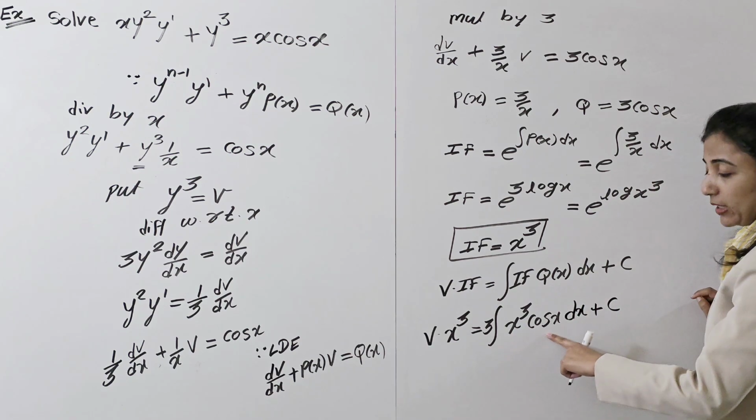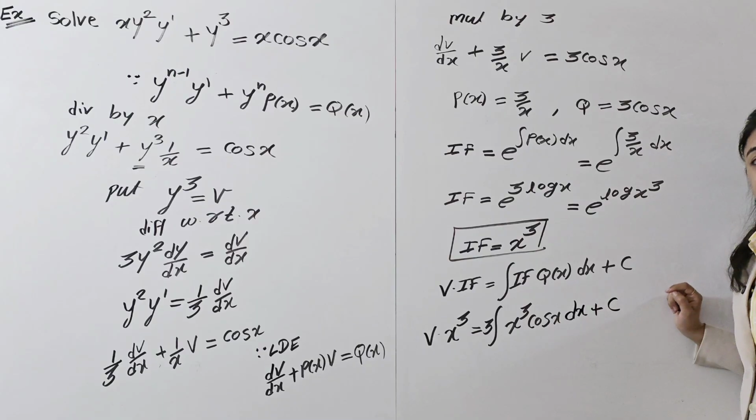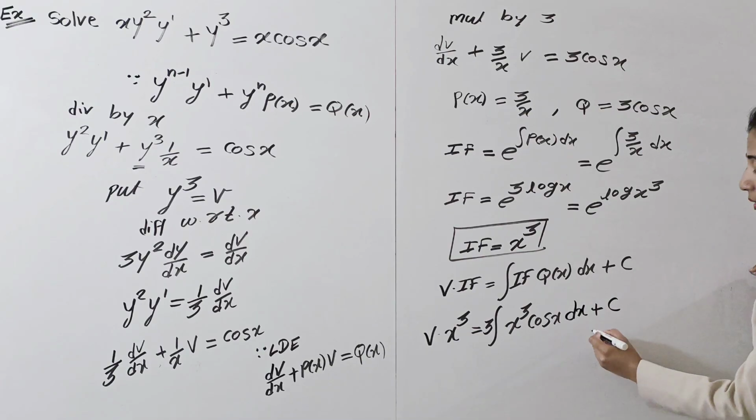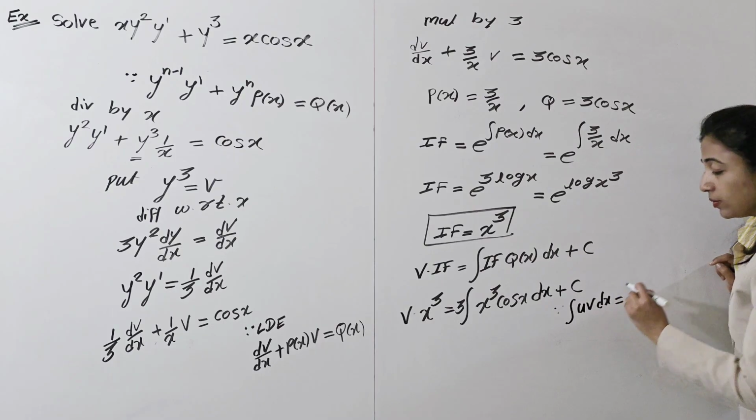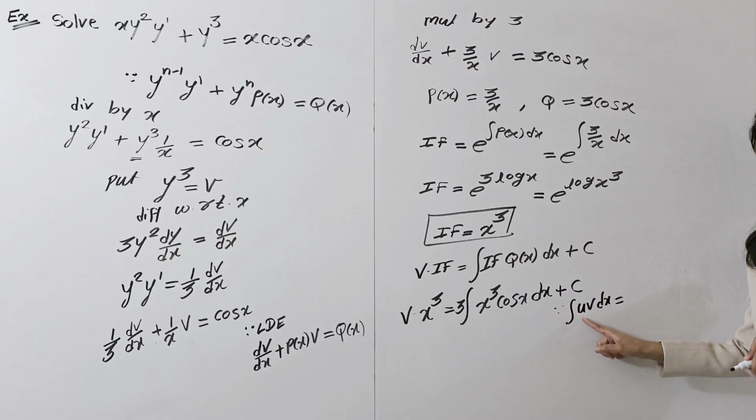Now solve this integration. Here you have to use the continuous integration by parts formula. In that formula, take the derivative of the first term and the integration of the second term.